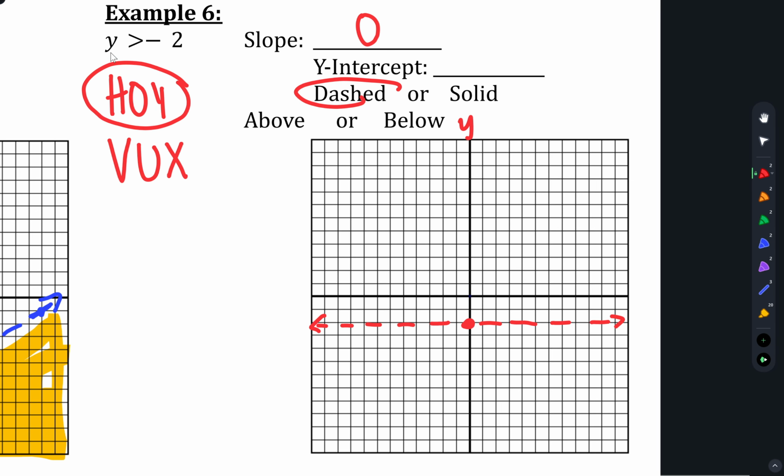If it does not have an equal sign, it's dashed. And then what's our y-intercept? And then what do we think? Are we shading above or below this line? Above. y is greater than -2. So everything above this line gets shaded.